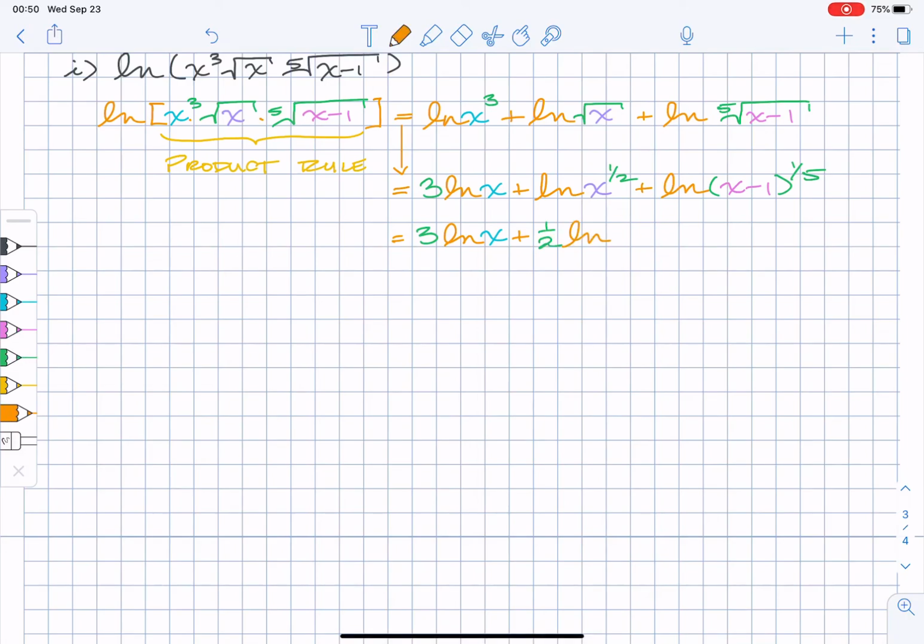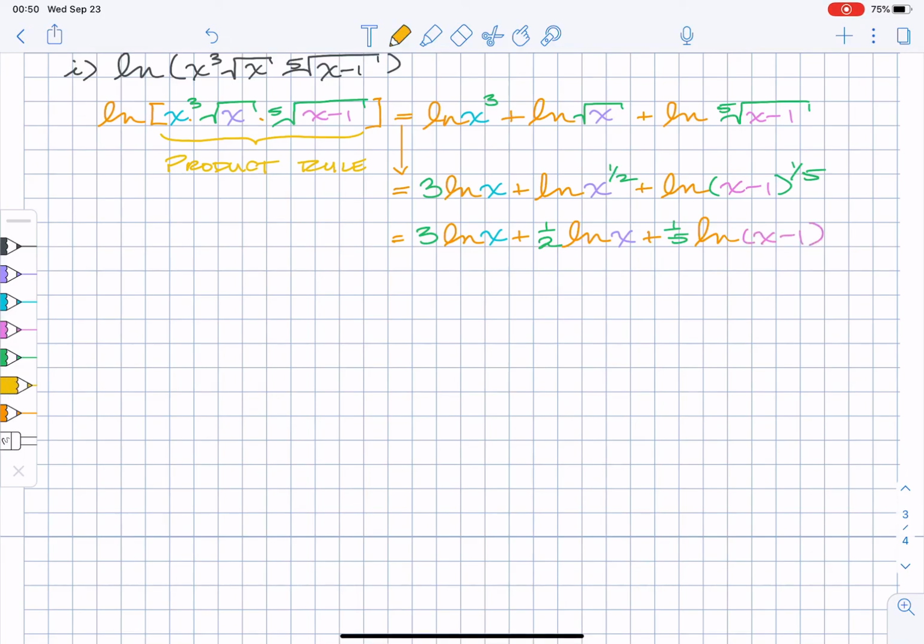Interesting. Those are like terms, aren't they? It's like I could add them. And then this will be plus 1/5. Oops, 1/5, not 1/3. 1/5 natural log of the quantity x minus 1.